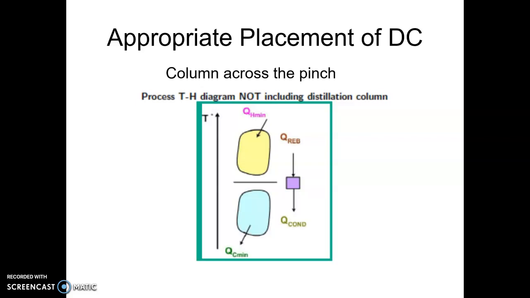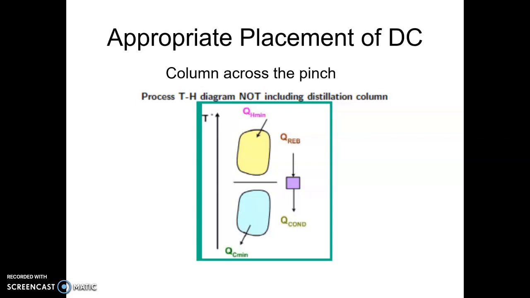So right now the distillation column is placed across the pinch. How can I say that? It is because the reboiler temperature is more than the pinch temperature and the condenser temperature is less than the pinch temperature. So the pinch point is coming between the condenser and reboiler temperature, and hence it is called as the column is placed across the pinch.